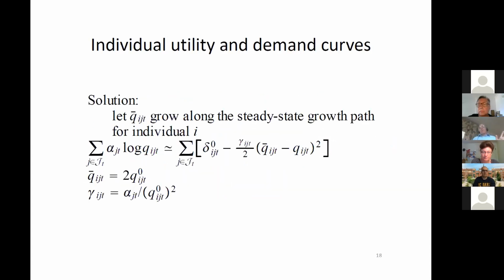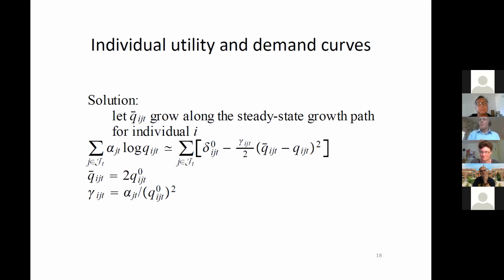So the way I'm going to think about that is I'm going to allow this Q bar_ijt, this characteristic of the utility preferences, to actually grow along the steady state growth path. And I'm going to pick that growth by a second order approximation of log preferences.